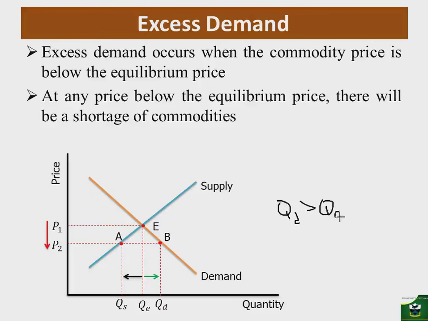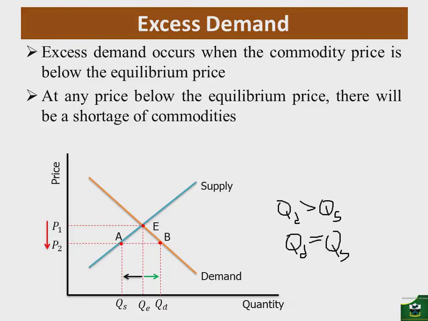And therefore, we are not in equilibrium because equilibrium only exists when quantity demanded is equal to the quantity supplied. If this equation fails to hold, it means we are not in equilibrium. So the situation we have is that quantity demanded is more than the quantity supplied on the market.